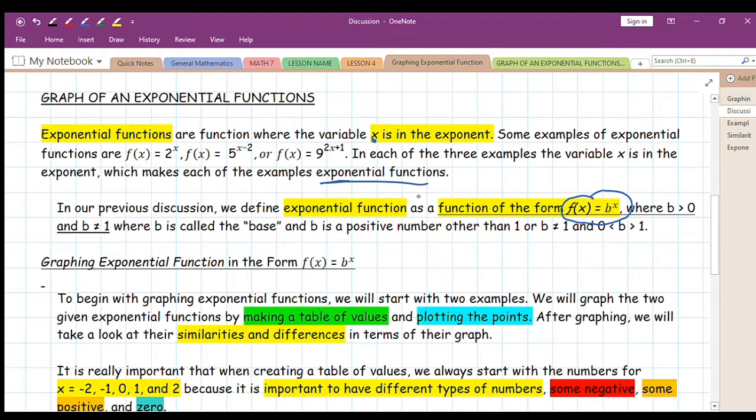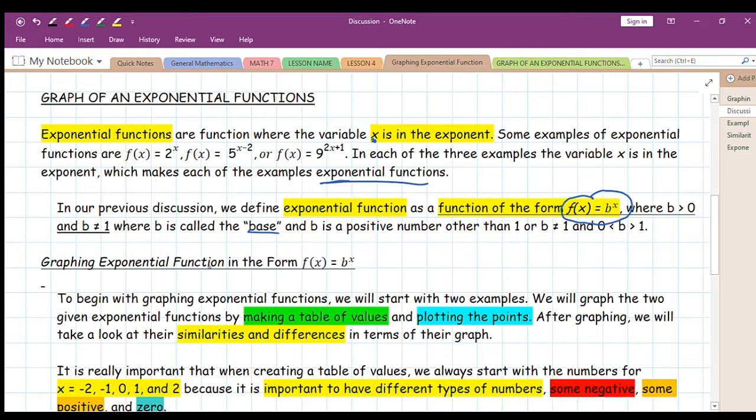Our b here is called the base, a positive number other than 1, because if our base is equal to 1, our function is not an exponential function, or we have no exponential growth, because the value would only be 1.